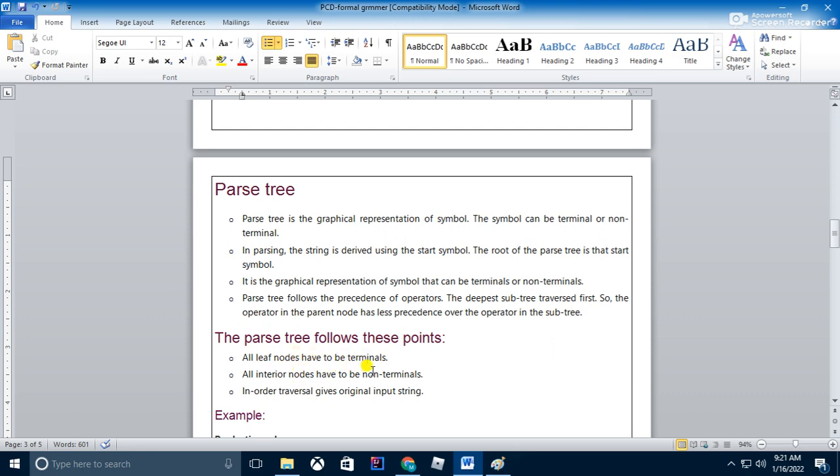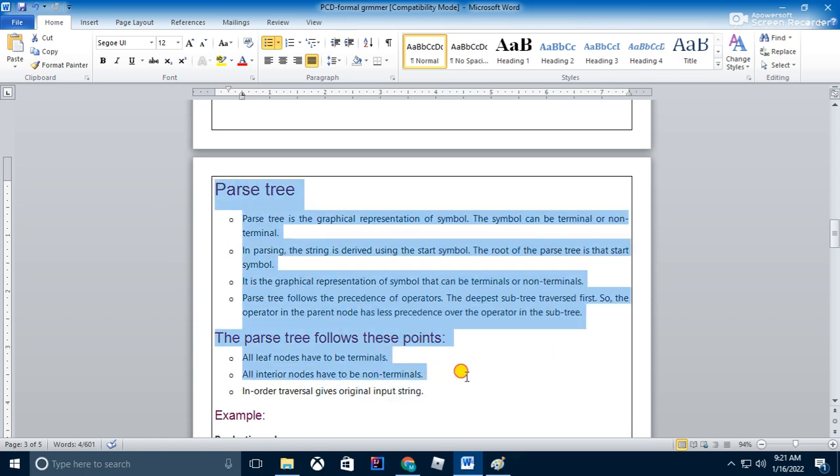Interior nodes must be non-terminal. If we perform in-order traversal of the parse tree, it should generate the input string. So these are some points which must be considered while we construct the parse tree.